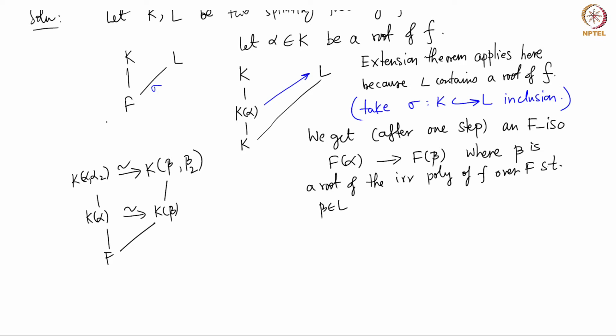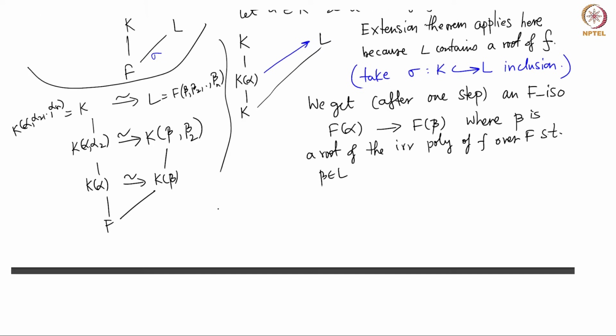I am sorry, I am a bit fast here, but ultimately what you can do is there is an isomorphism from this to this, because K is nothing but F(alpha, alpha 2, ..., alpha n), and L is nothing but F(beta, beta 2, ..., beta n). Okay, so you can also check that the number of roots are the same as part of this process. First you show that this is an isomorphism, then you apply the extension theorem again.